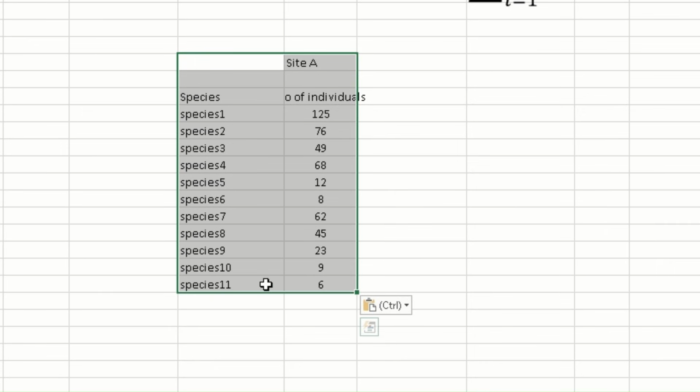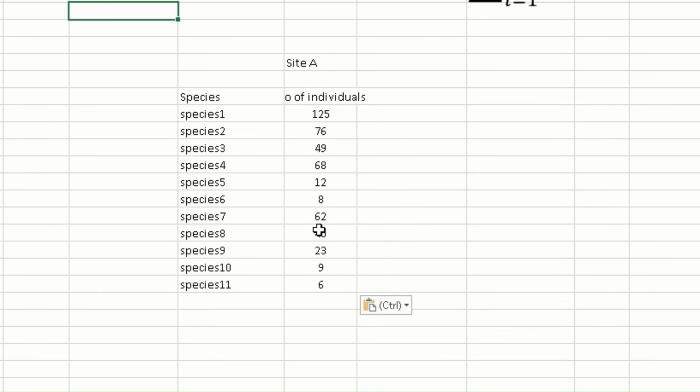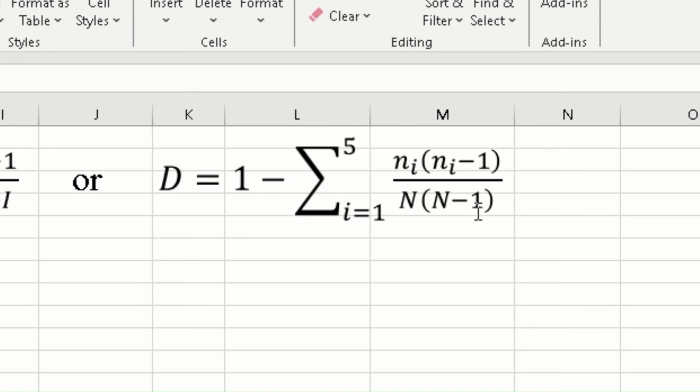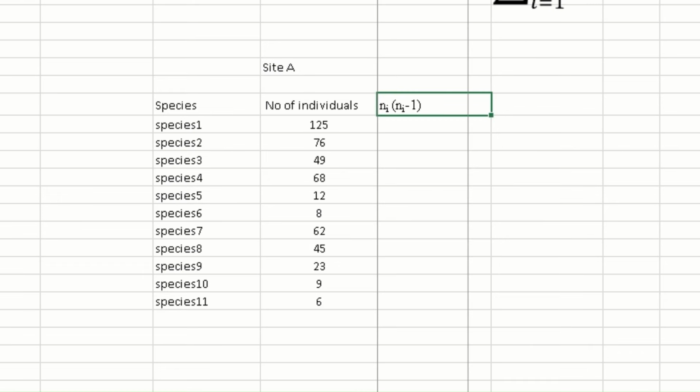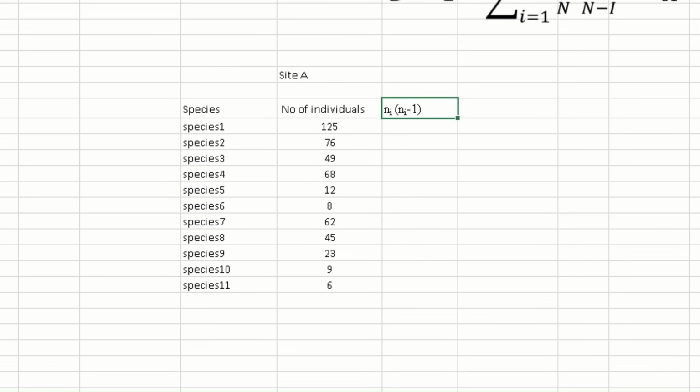So this is the list of species found in site A, and these are the numbers of individuals. So first we calculate this portion, ni times (ni minus 1), and then we calculate this.